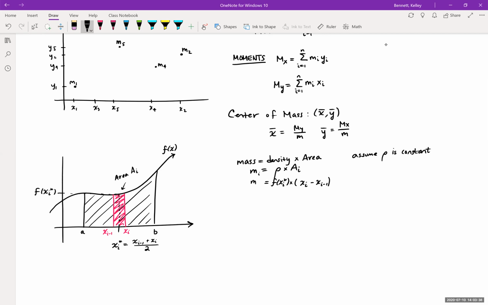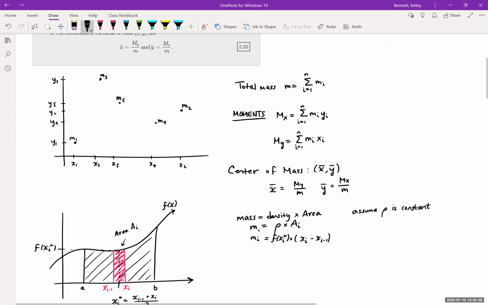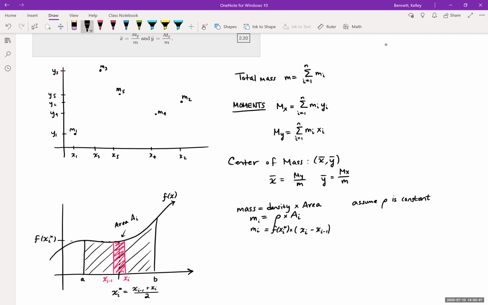So then if I wanted to compute the mass for this entire region, I would just add up all of these things. Notice that's what we did before. We said the mass was just the sum of all the masses.